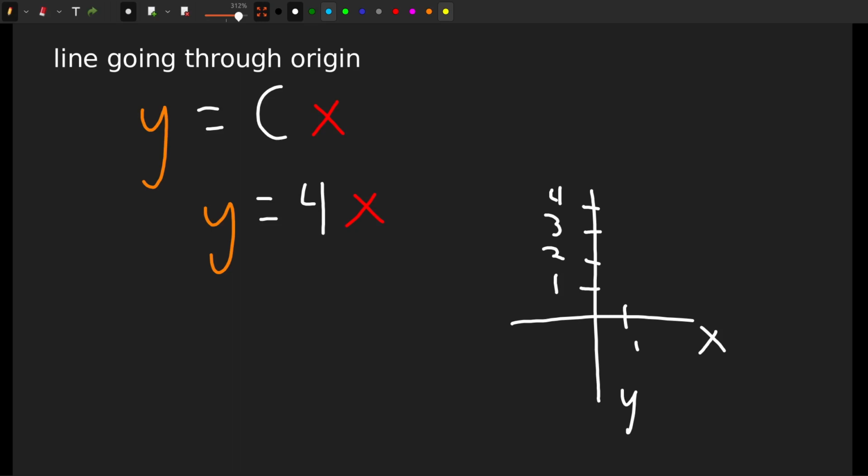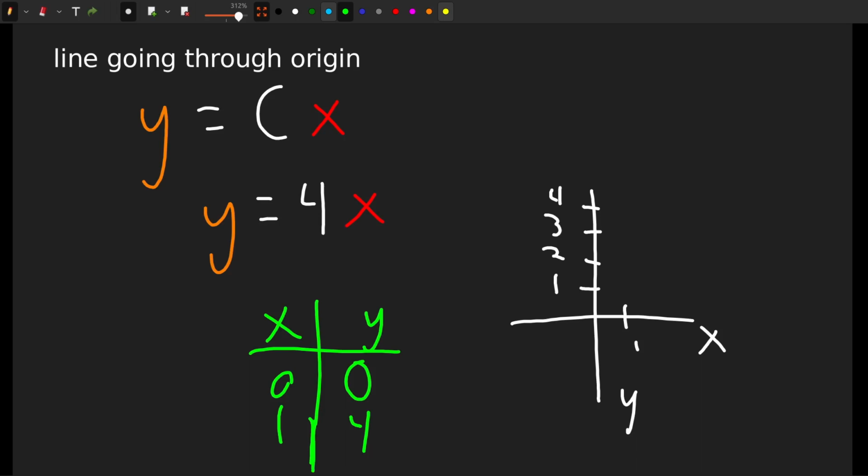So if I wanted to use a really quick t-chart, where I have my x's and my y's, if I let x be 0, then I plug in 0 for x. 4 times 0 is just 0. If I let x be 1, I then get 4 times 1, and y is 4.